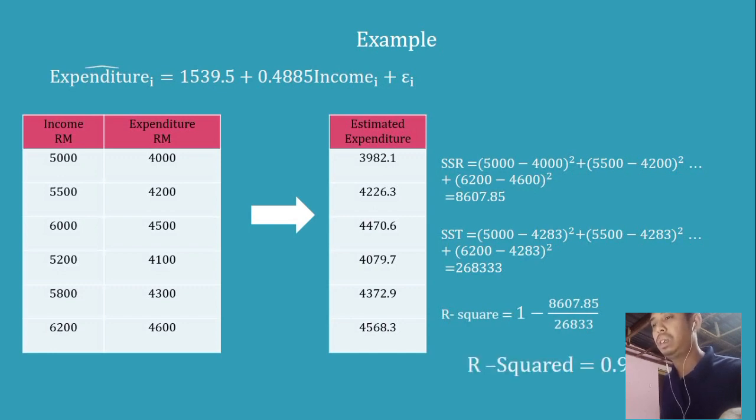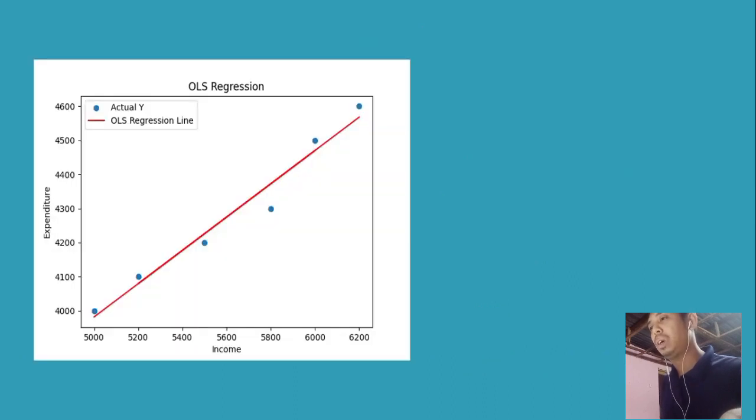0.968. If I plot the data based on the actual y and estimated y, the graph looks like this, where the blue dots represent the scatter plot of actual expenditure, while the red line indicates the estimated value of expenditure.